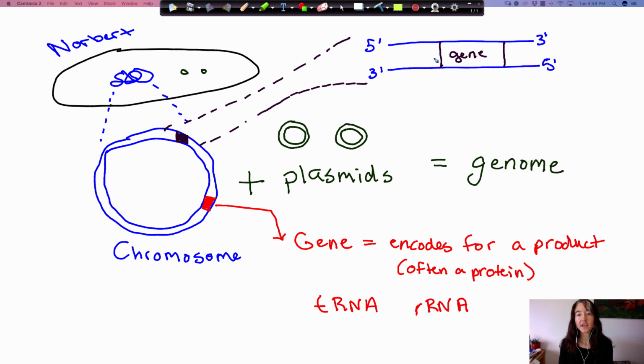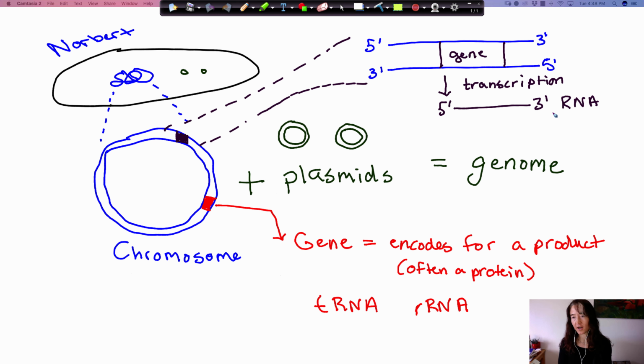And that gene can get read by an enzyme called RNA polymerase, the builder of RNA. And then that can get used to make the RNA. So the RNA is built in a process called transcription. We know that RNA could be mRNA, it could be rRNA, it could be tRNA.